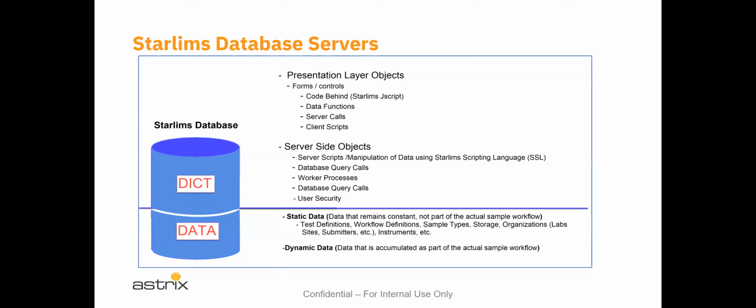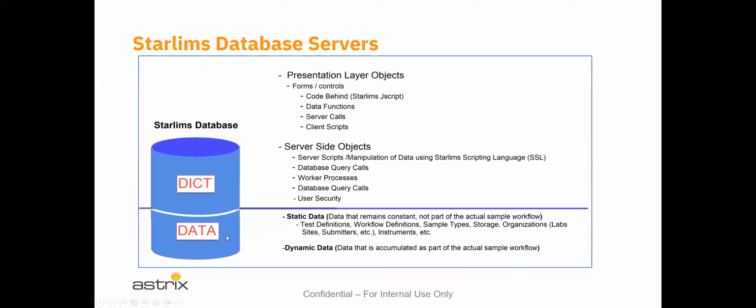Racks, for example, things like that. Refrigerators. Also, the organizations. So that I mentioned up here, for user sites and submitters, folks sending samples to STARLIMS, etc., and instruments. These are just a few, actually, of the other types of data that are considered to be static in the STARLIMS system.